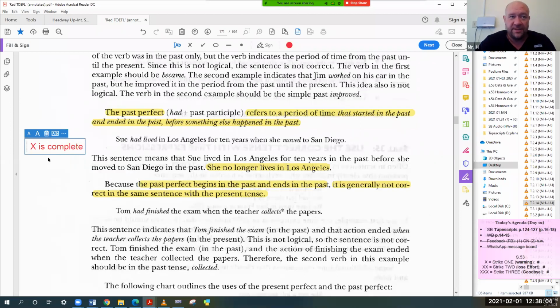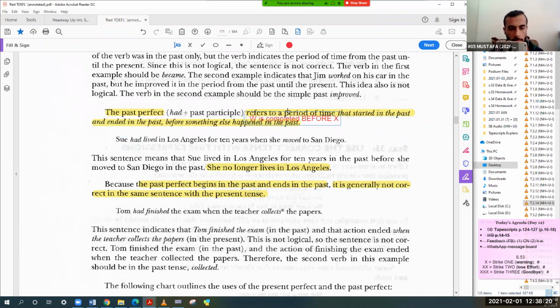W is completed before X. All right? W is completed before X. Now, what does that mean? If W is completed before X, find X in this situation. Where is the X?